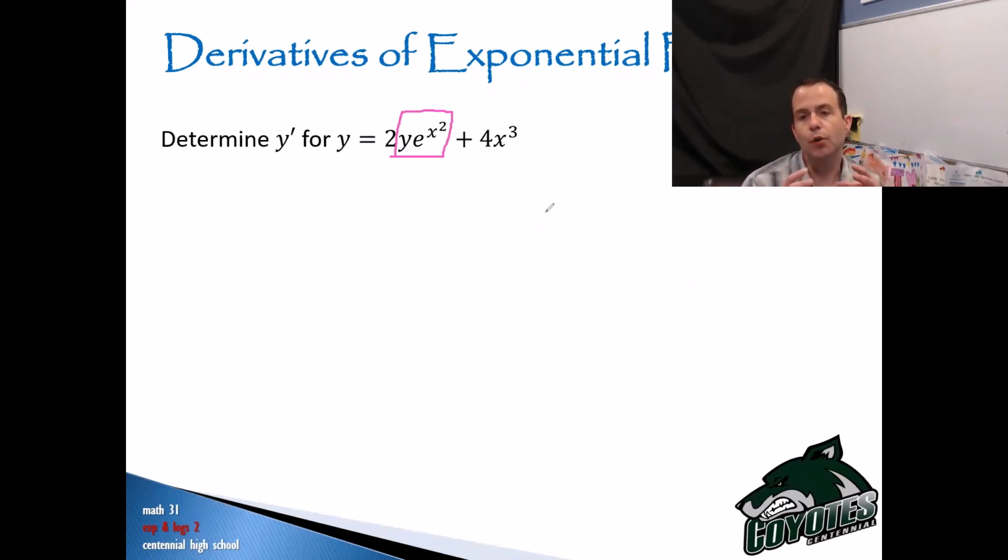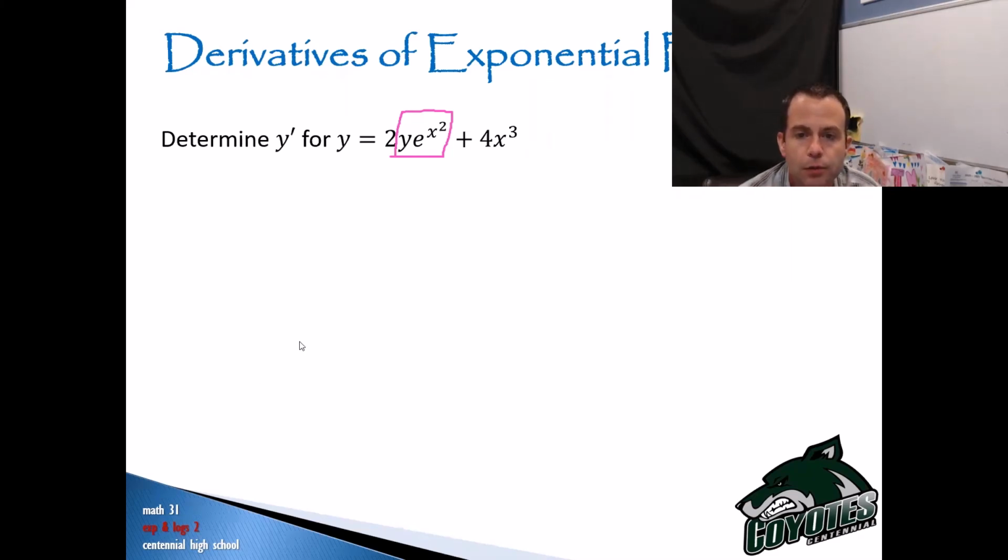So we're looking at the derivative of y times g. So that would be y prime e to the x squared plus y times e to the x squared times 2x, the derivative of the inside function. And then there'll be a 2 in front of that. And then the derivative of 4x cubed would be 12x squared.